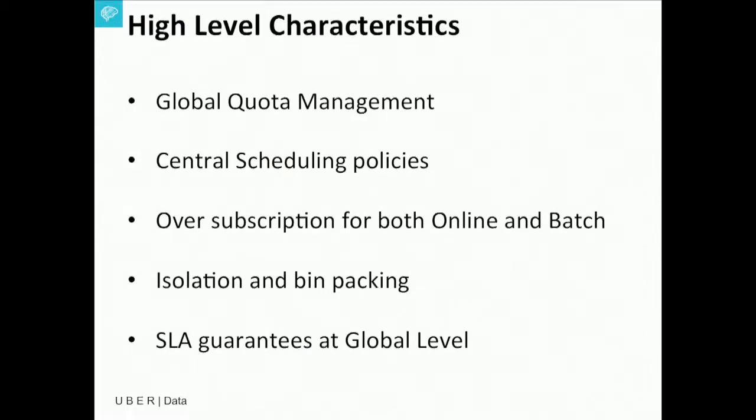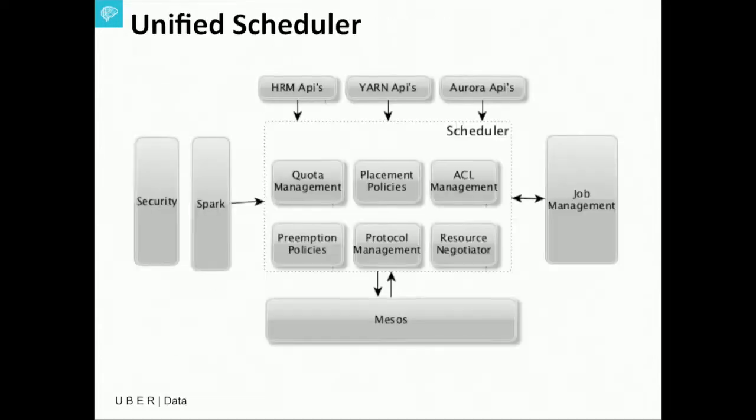And we need these scheduling primitives to work with all the already running jobs and systems which we have. So with this unified scheduler, we'll have all these APIs supported: Yarn APIs, Aurora APIs, HRM APIs, with all these scheduling primitives, with the job management and Mesos, right?